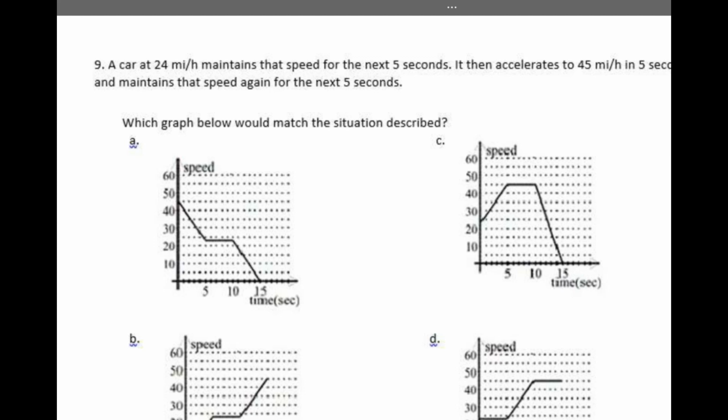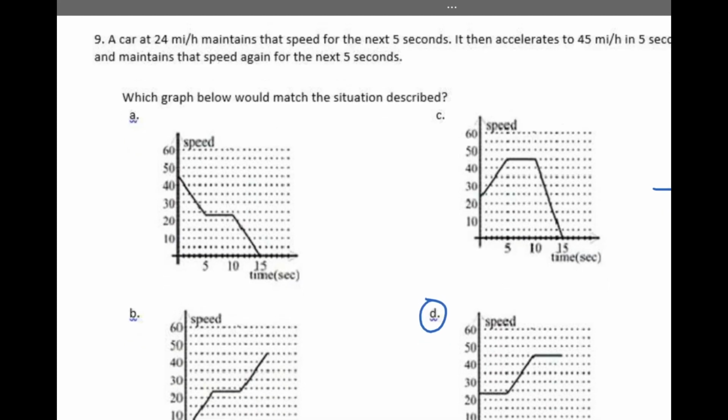So a car at 24 miles per hour maintains that speed. Maintain would just mean it went at that same speed. Then it accelerated, so it went up. And then after that, it maintained it again. So is there a graph that maintained, accelerated, maintained? Is there a graph that looks like this one? And yes, that is the D graph.